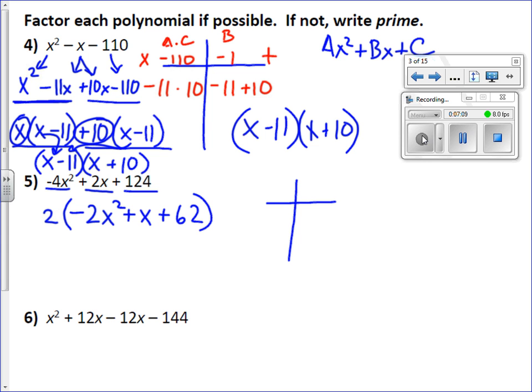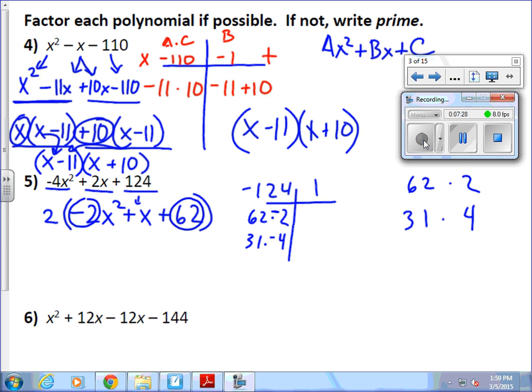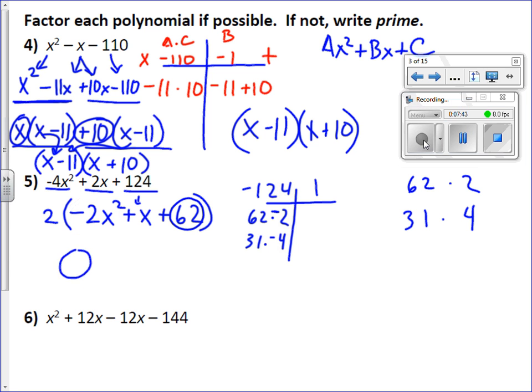We'll look at things that multiply together to give us A times C, which would be negative 124, and they have to add up together to give us 1. After factoring negative 124, my only factors are 62 and 2, or 31 and 4, and both of which will not give me a 1 when I combine them together. So I'm going to stop with this answer at this point.